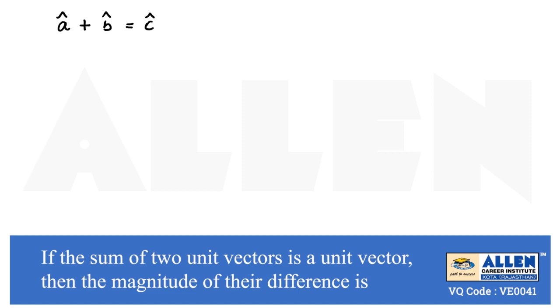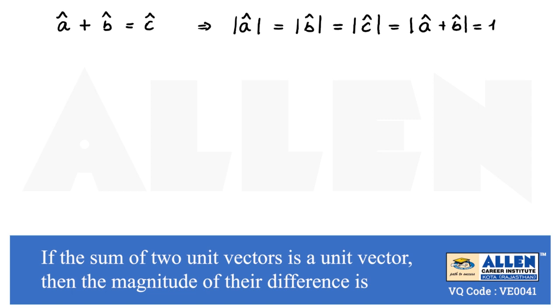So here we can see that the magnitude of the first vector, a cap, is equal to the magnitude of the second vector, b cap, which is equal to the magnitude of the third vector, c cap, which is the resultant of a cap plus b cap, and all are equal to 1.